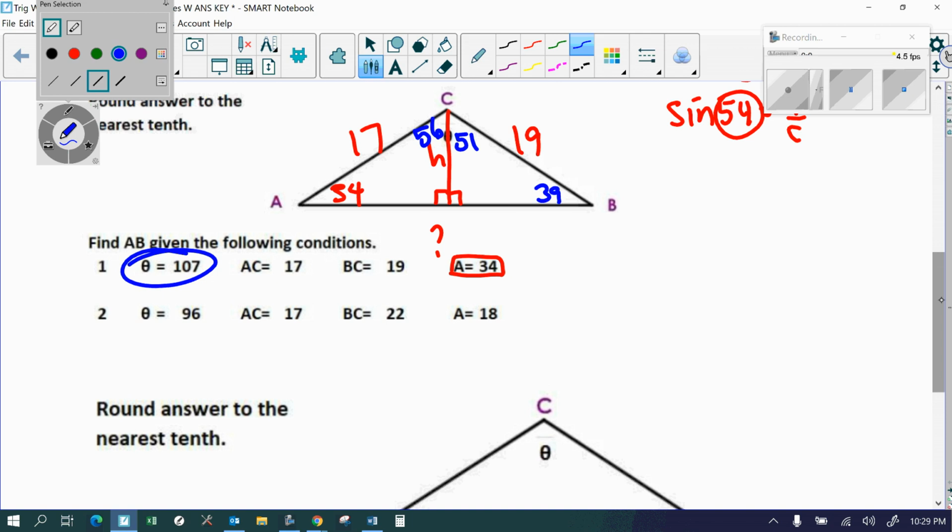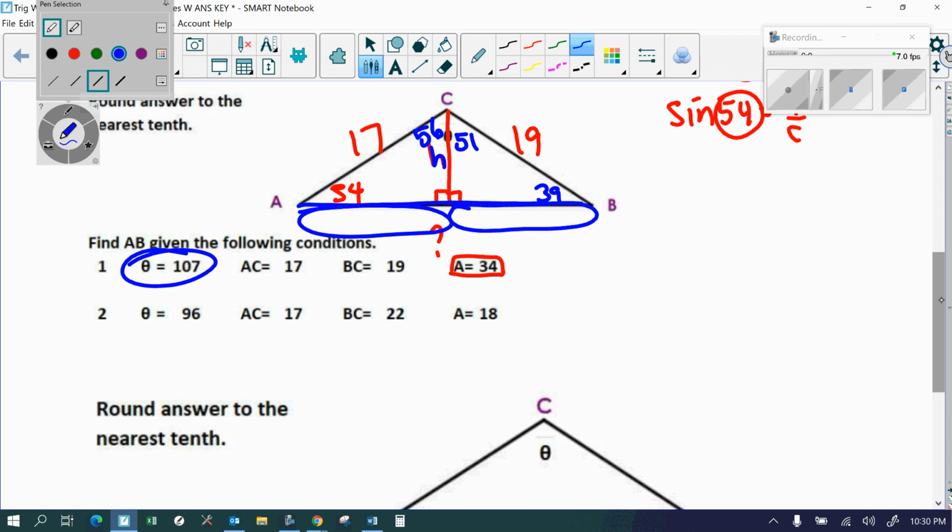Okay, so now I don't need this height here at all, because that's not what I'm looking for. I'm looking for this right here. So I need this piece using this triangle, and I need this piece using this triangle, and I add the two together, and then I get AB.